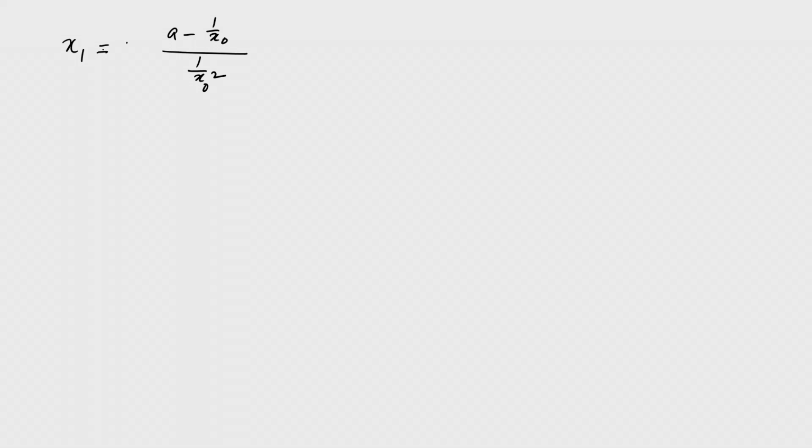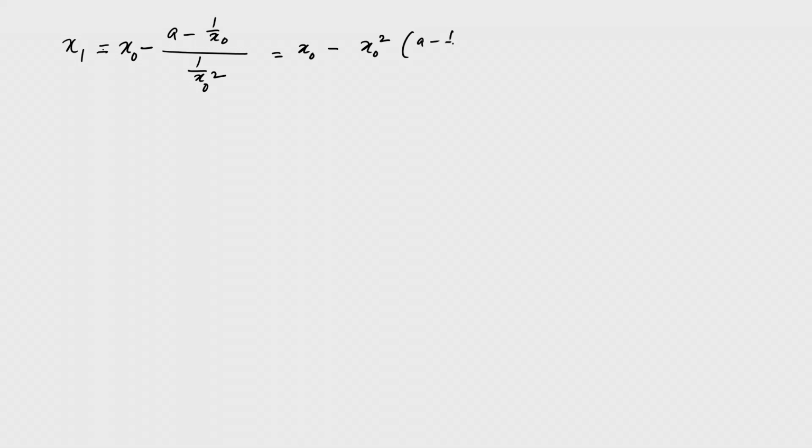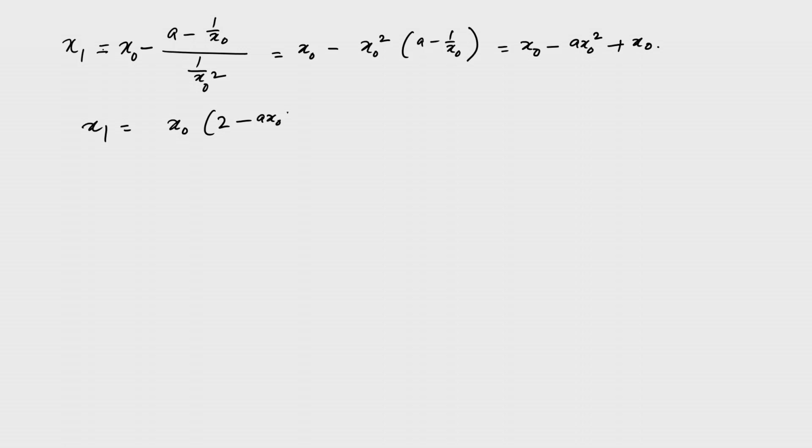If you simplify this, it becomes x 0 minus x 0 square a by 1 minus x 0, which is x 0 minus a x 0 square plus x 0, and then x 1 becomes equal to x 0 times (2 minus a x 0).